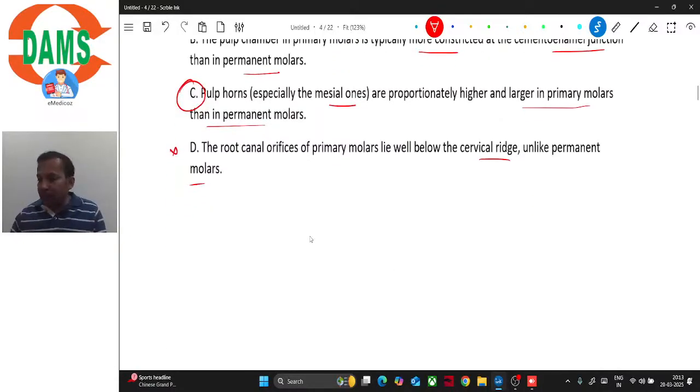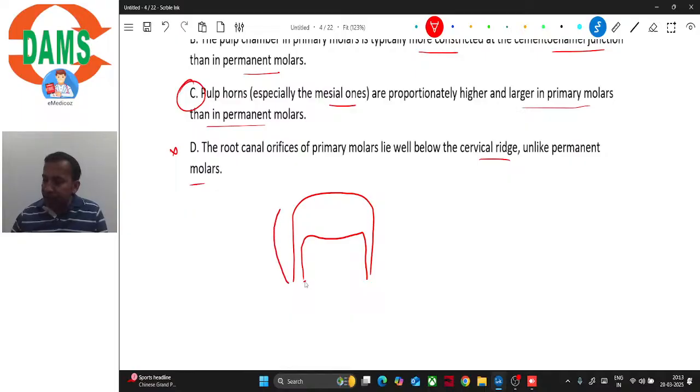The pulp chambers in the primary, they are relatively larger as compared to that of the permanent. Let's say this is the, obviously my drawing is very bad. Let's say this is the pulp chamber and the pulp canals.